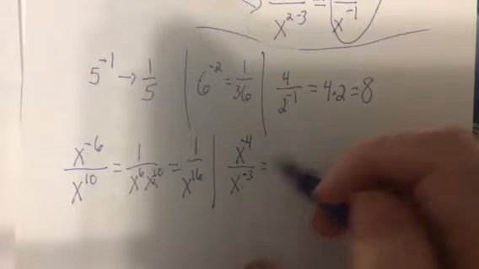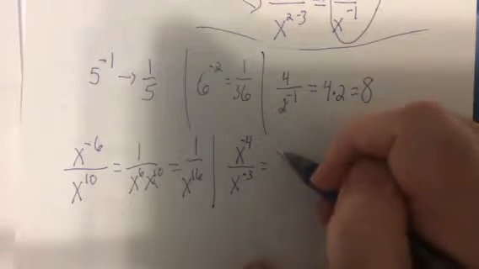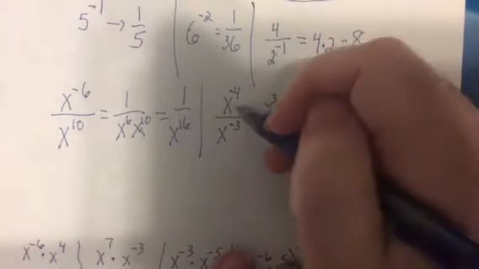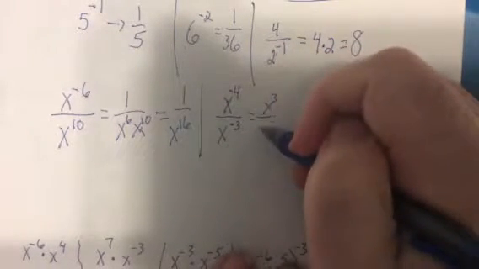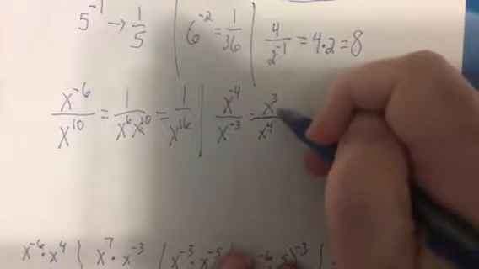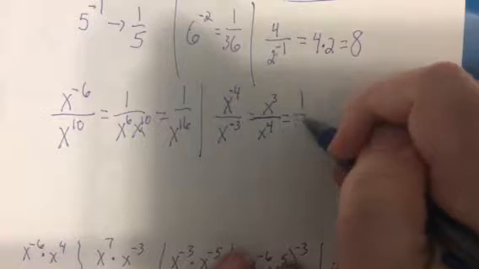Negative power, I need to move it. So I'm going to move this one on up, but once I move it, I've done the operation, so the negative is gone. I need to move this one on down. So it'd be x to the 4th. Now, 3 of these cancel with 3 of these, so it'd be 1 over x.